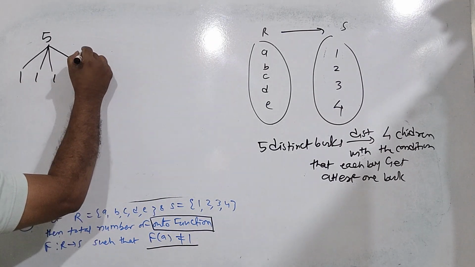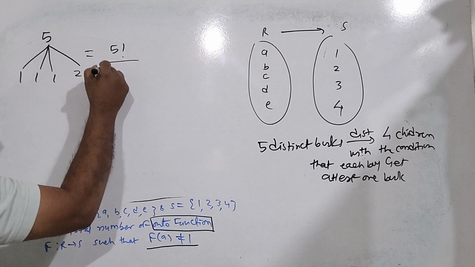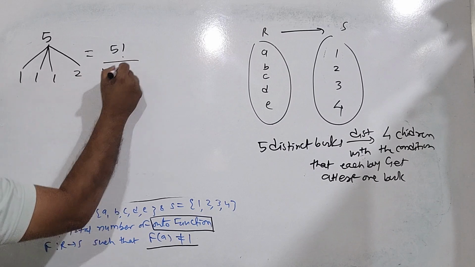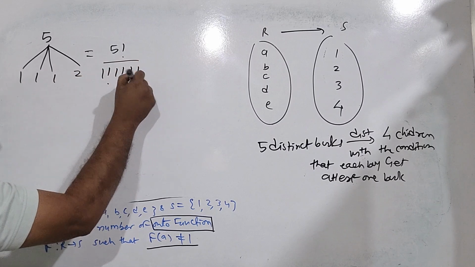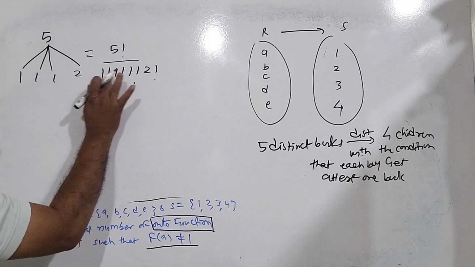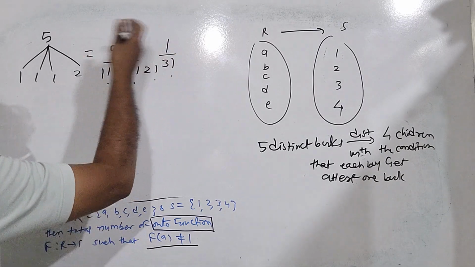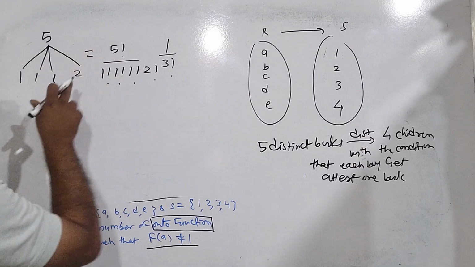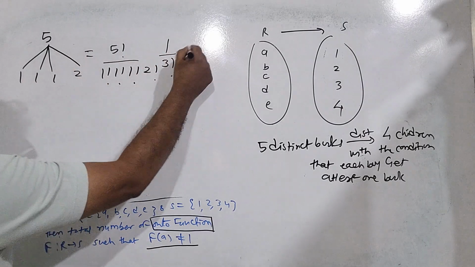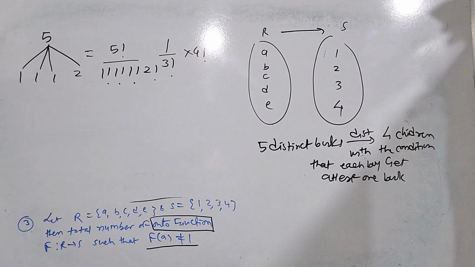So divide and distribution says that this is 5 factorial over 1 factorial, 1 factorial, 1 factorial and 2 factorial, as 1 is coming 3 times, so 1 upon 3 factorial. This is division and we have to distribute among these 4, so therefore this is 4 factorial. Correct?